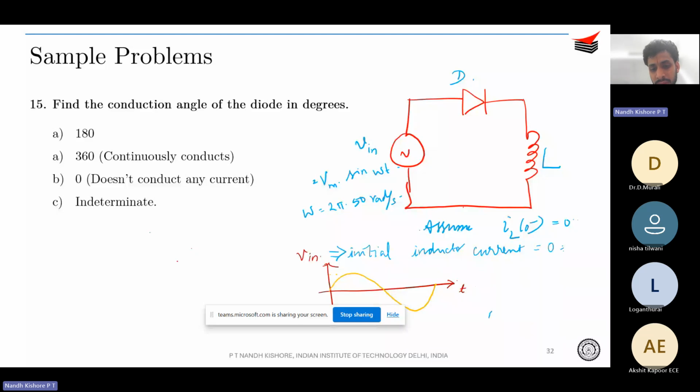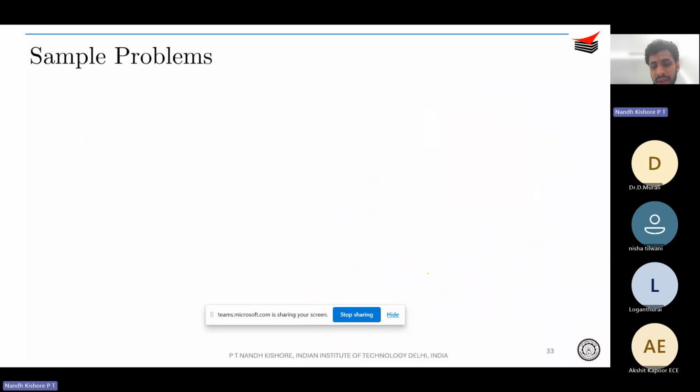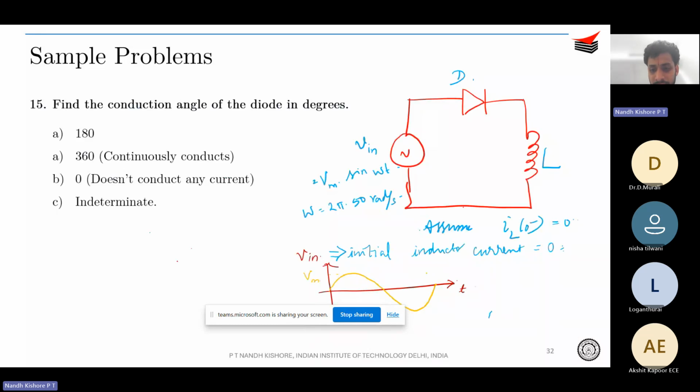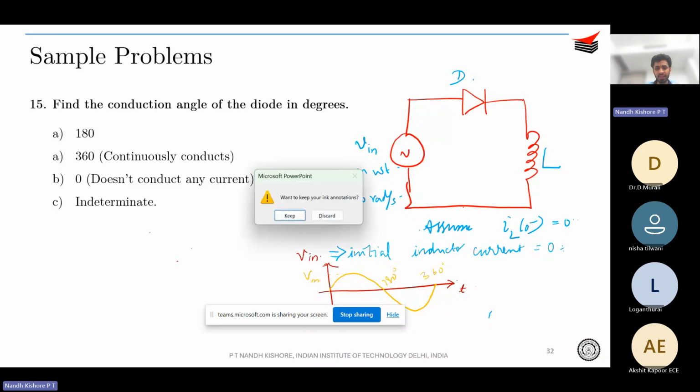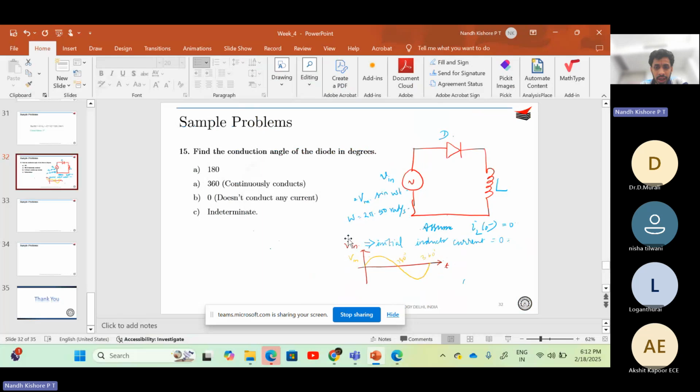This is your Vm, and of course you know that this is 360 degrees, and here you have 180 degrees. Before we start solving, can anybody try to answer this question in the chat box? I will give you 2 minutes. Analyze the circuit: you have an AC voltage source, then an inductive load and then a diode.